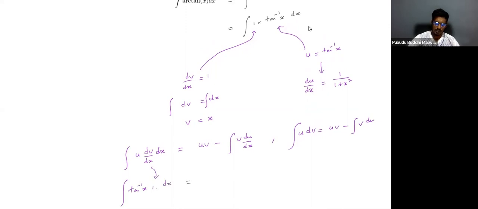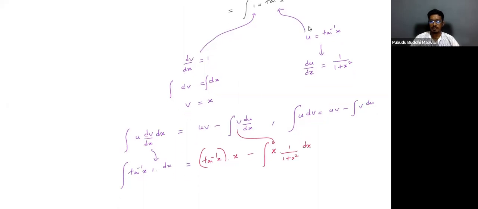Then uv is tan inverse x, that is u, times v, that's x, minus the integral of x times du over dx, which is 1 over 1 plus x squared, dx.